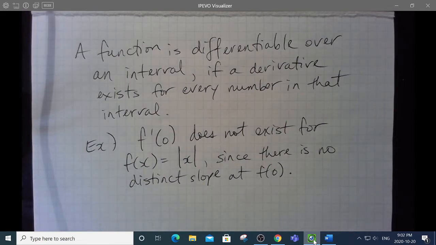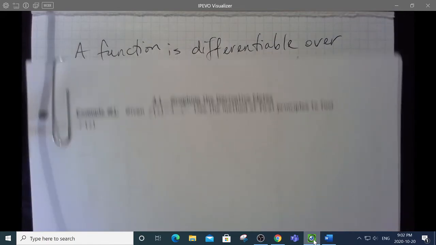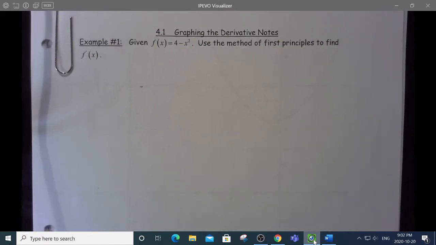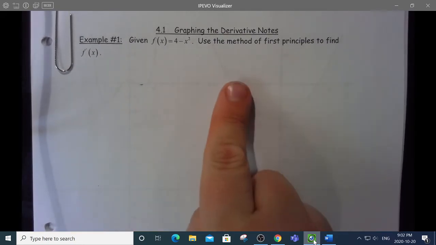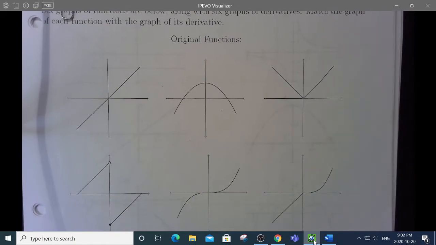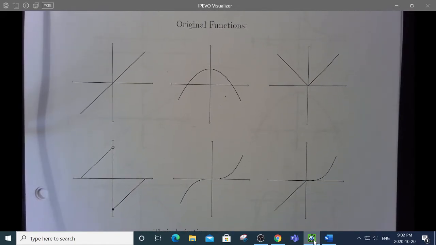I'm going to hand out an extra example, and I'll probably make a video where I go through that example, where we want you to use the first principles again to find the derivative, and then I want you to graph both the graph and its derivative, and then some more questions like the one in the assignment where we compare graphs to their derivatives.